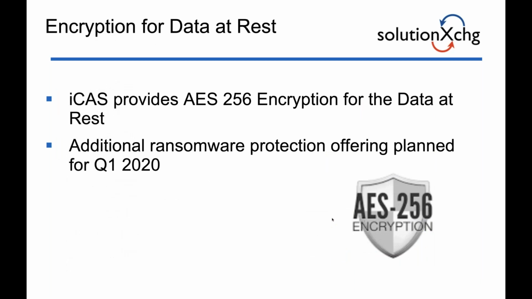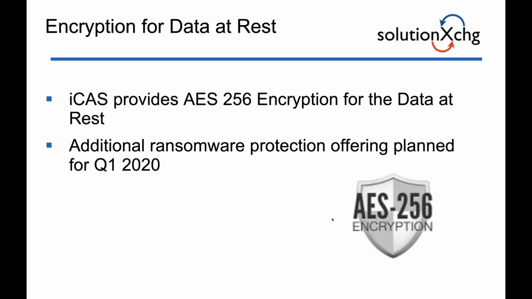Another feature is encryption for data at rest. ICAS provides AES 256 encryption for the data, and iTernity is actually coming out with a new service offering in Q1 of 2020 that helps customers to protect themselves against ransomware attacks.